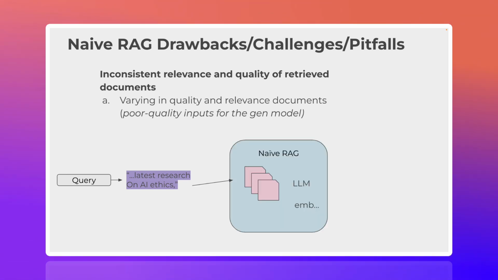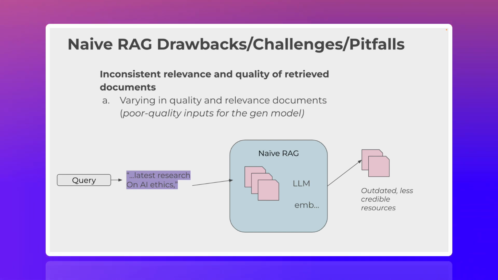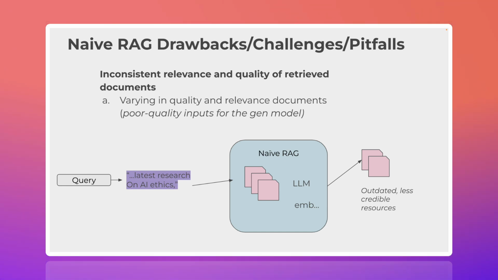That goes through the naive RAG process, and then we may end up getting outdated or less credible resources, because the quality and relevance of the retrieved documents can vary significantly. So naive RAG models may not rank the documents effectively, which in this case will lead to poor quality inputs for the generative model, which will then give very poor results.